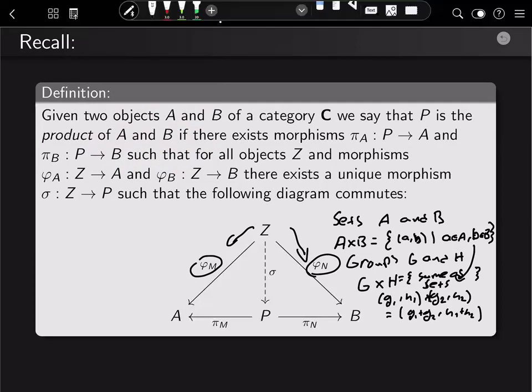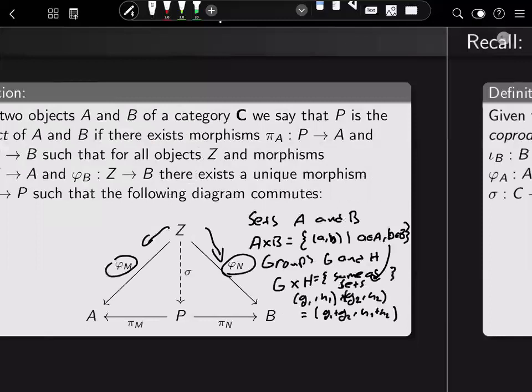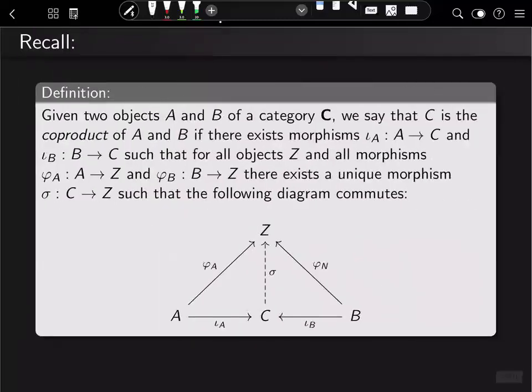And now we will talk about the definition of coproduct. The coproduct is a little bit different than the product, maybe less intuitive, but we'll give it a go.